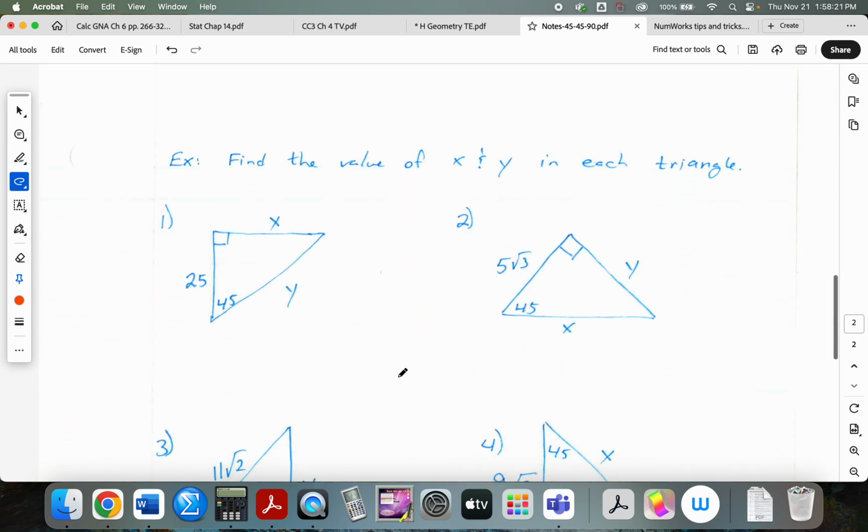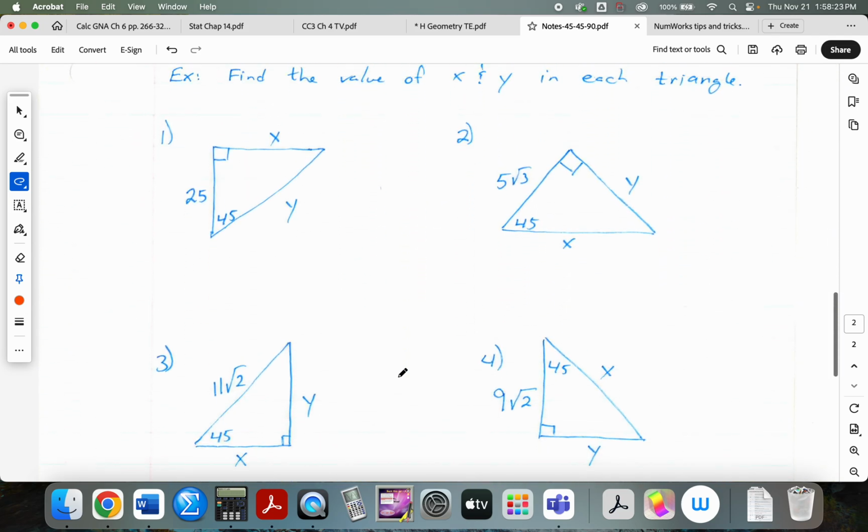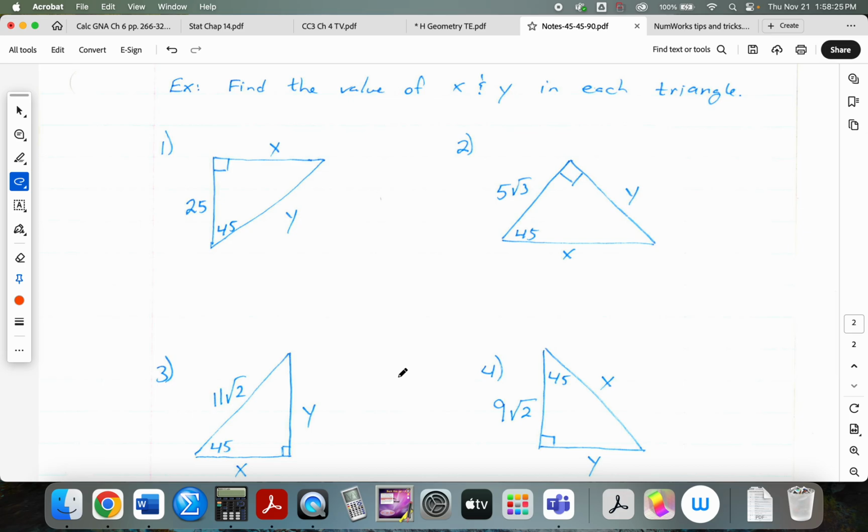So let's look at some problems. We're asked to find the value of both x and y in each of these. So I check, we have a 45-45-90 triangle. Don't use this rule if it's not 45-45-90.